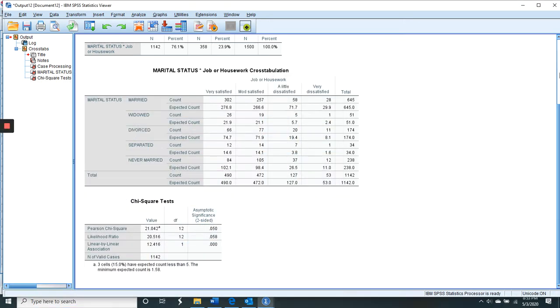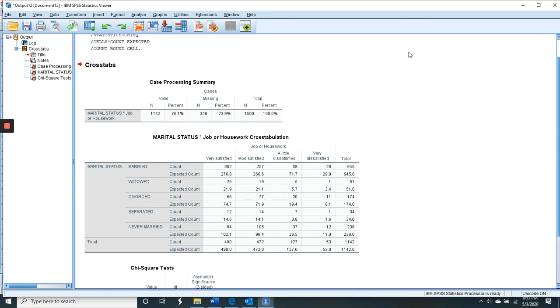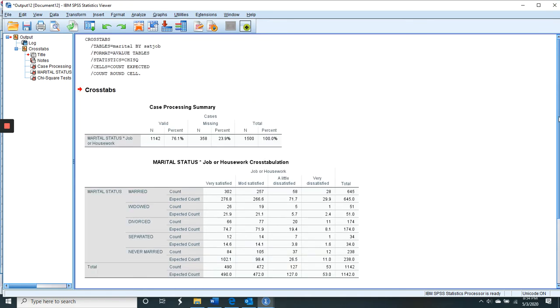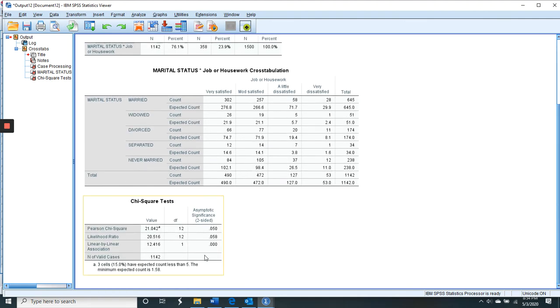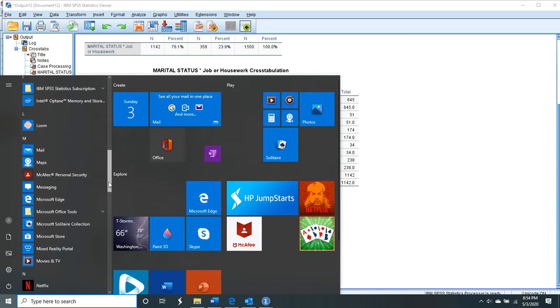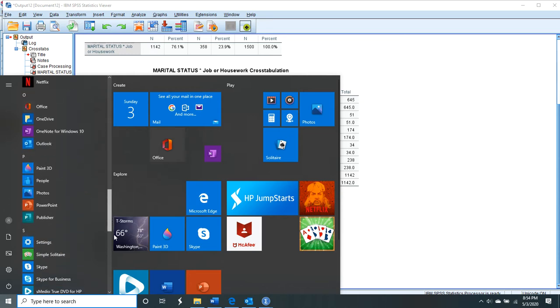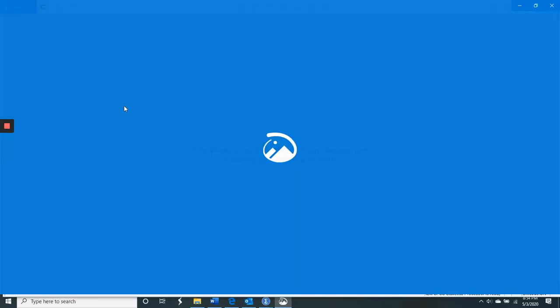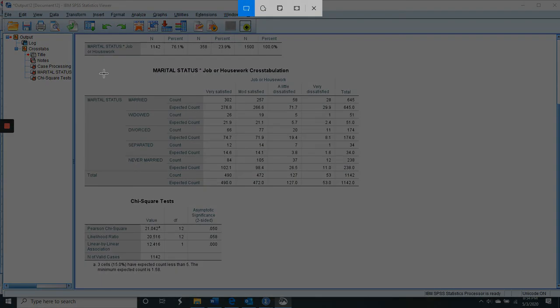You notice right away I just skipped this first little thing here. We don't need to look at that. So we just go down all the way. Let me snip it. And here we go.